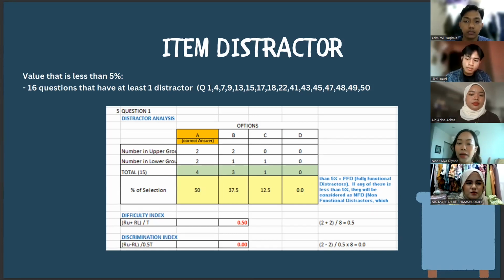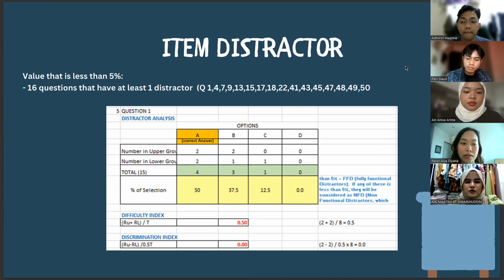Each of these has its own function, which helps us analyze each of the 50 questions in the test paper better, and these distractors need to be changed as they affect the value with less than 5%.